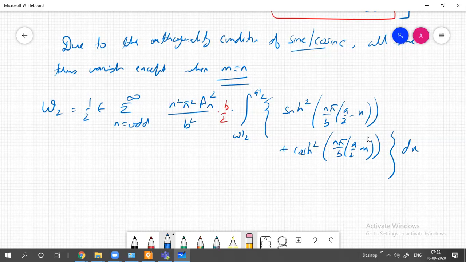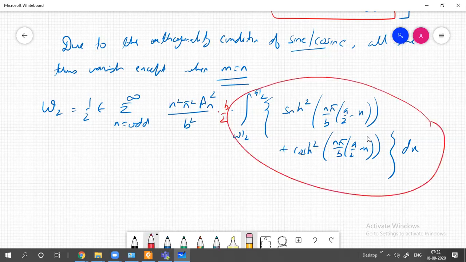So we will have only these two. Now our problem reduces, we have to solve only this integral.